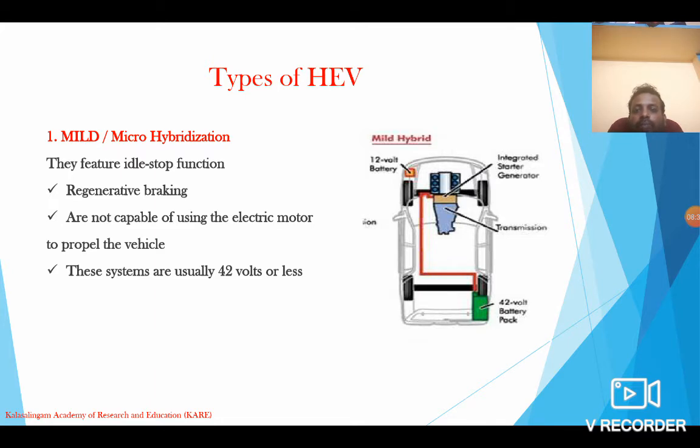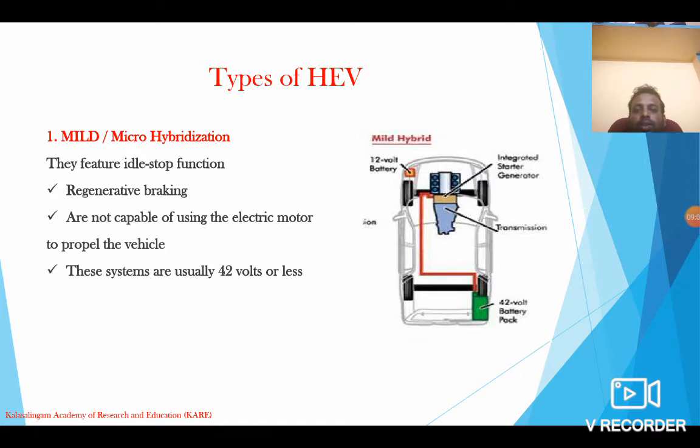For example, when you use a conventional internal combustion engine, at idling or slow speed conditions it consumes more fuel as well as produces more pollution, right? So to avoid those issues in the existing internal combustion engine, we go for micro hybrid.